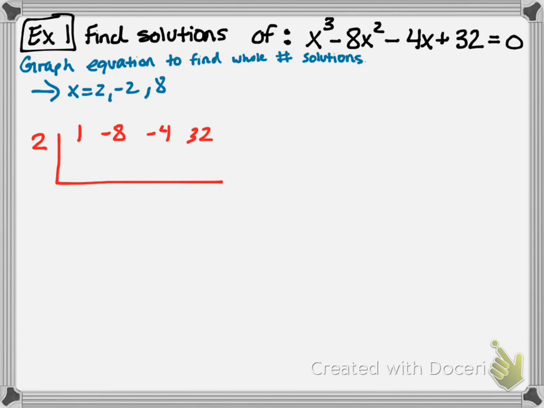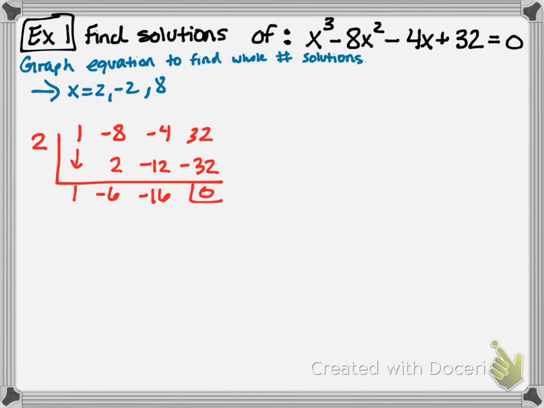With synthetic division, I'll do this kind of slow but kind of fast because we learned this in class. We bring down our 1. We multiply diagonally, so 2 times 1 is 2. We add down, negative 8 plus 2 is negative 6. 2 times negative 6 is negative 12. Negative 4 plus negative 12 is negative 16. Negative 16 times 2 is negative 32, which leaves me a remainder of 0.